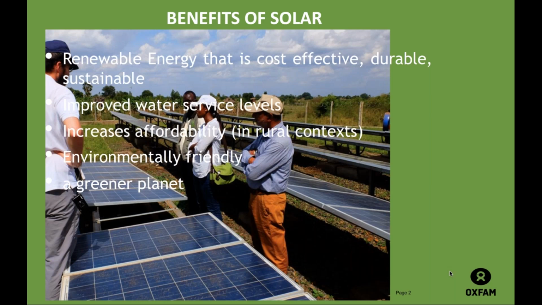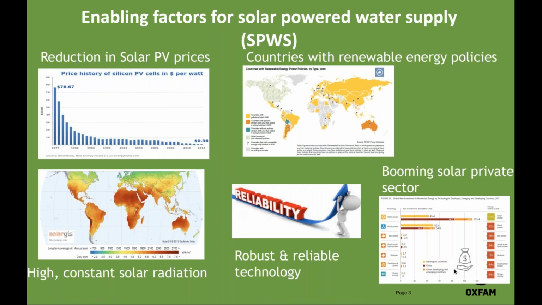It also runs quietly, so it's not a noise nuisance to the users. And finally, organizations can also capitalize on solar to set targets for achievement of a greener agenda and contribute towards a greener planet. Next.